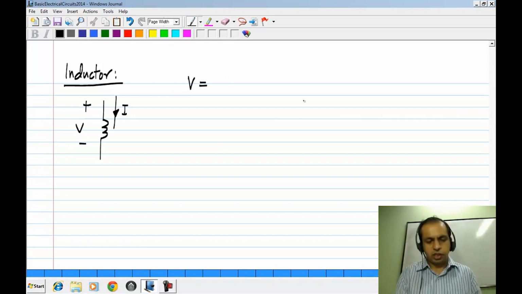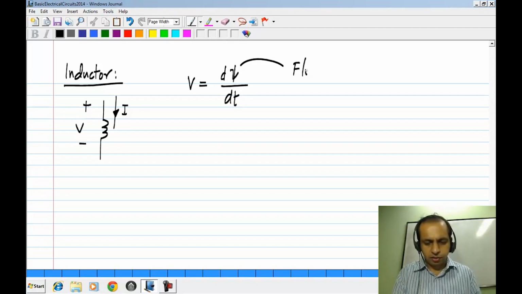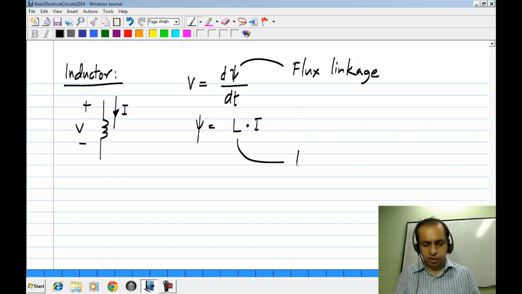the voltage across an inductor is related to the flux linkage stored in the inductor. Okay. It's given by this relationship where this psi is the flux linkage and psi itself is proportional to I through a proportionality constant which is known as the inductance.